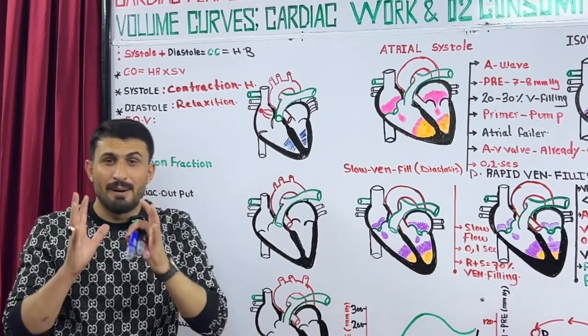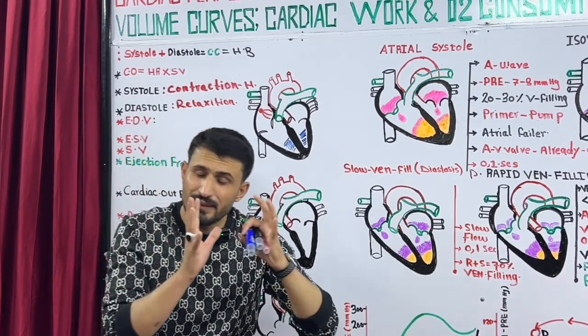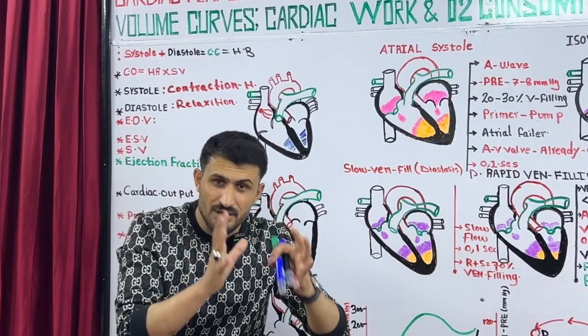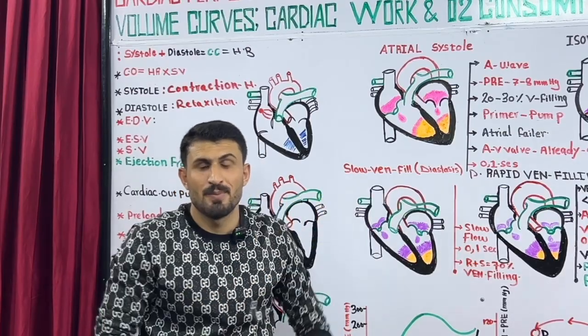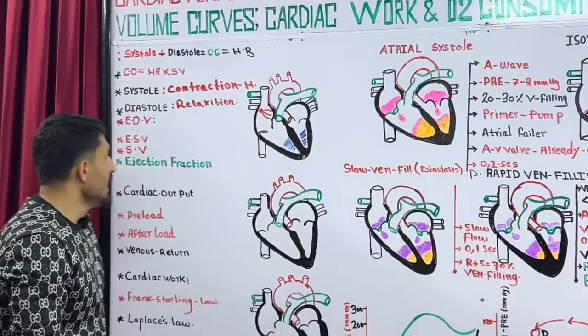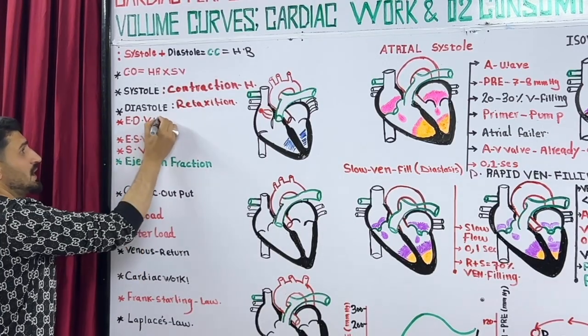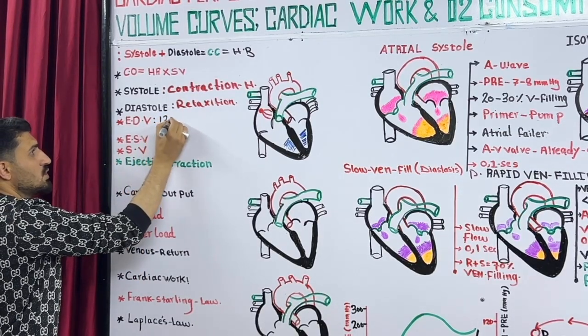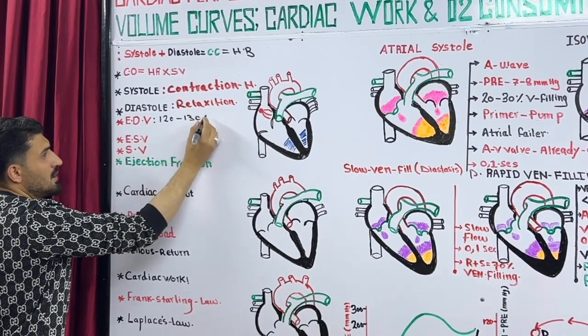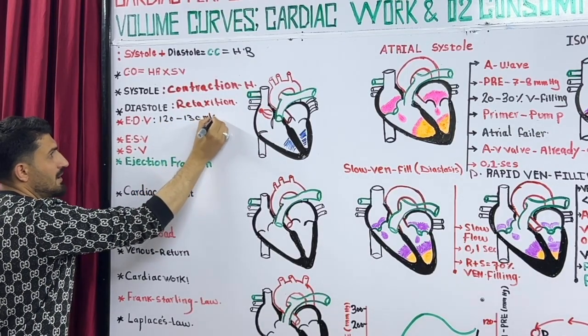It means the amount of blood inside the ventricles at the end phase of diastole, and it is equal to, based on Guyton and Hall physiology, around 120 up to 130 mLs.